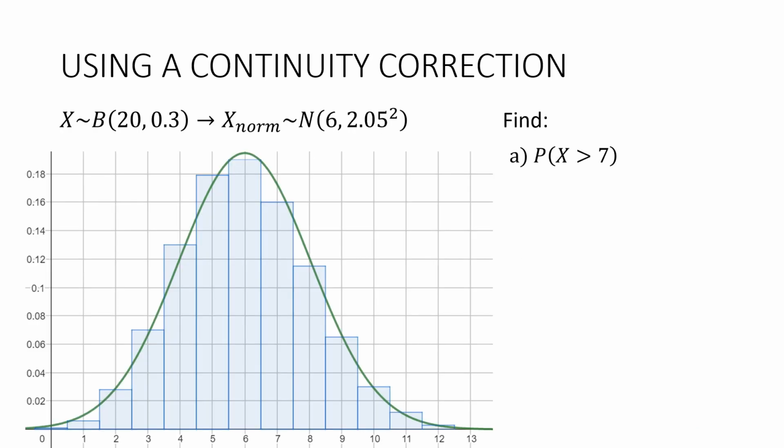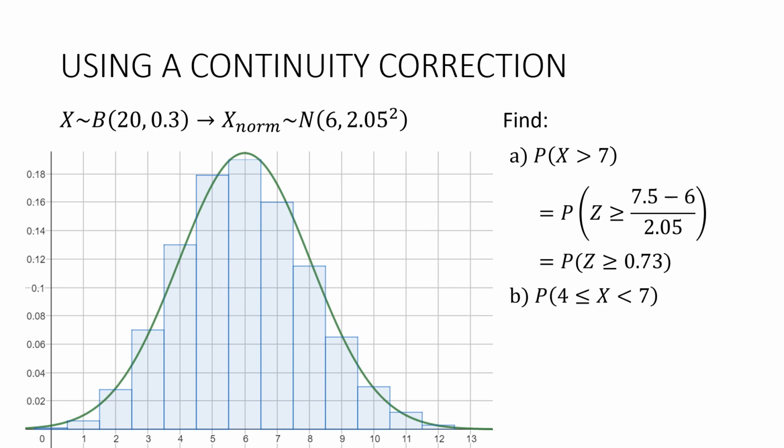So let's return to our question from before, and this time we're going to use a continuity correction. When we work out the probability that x is greater than 7, I'm going to go from here, from 7.5. Okay, I'm not going to include 7 because there's no equal sign here. So with my z-score, I'm actually going to do 7.5 as x instead of 7.